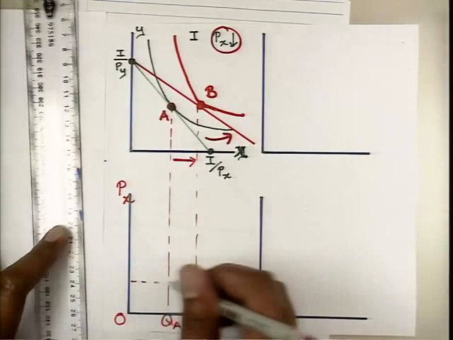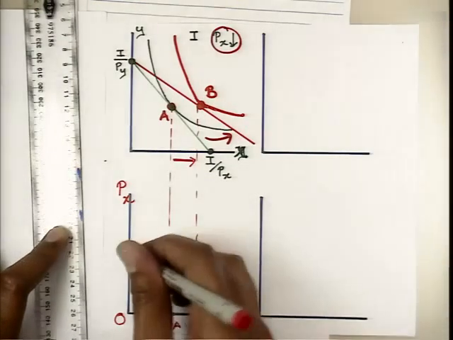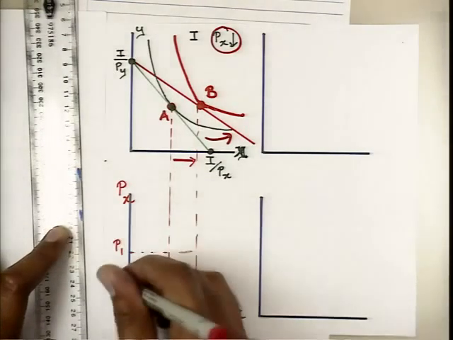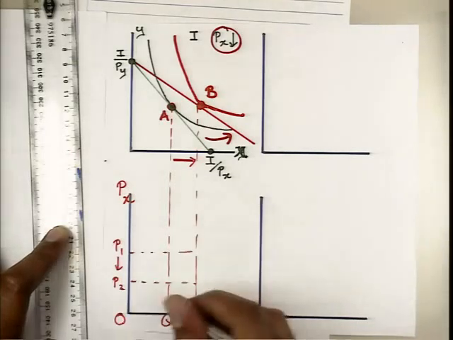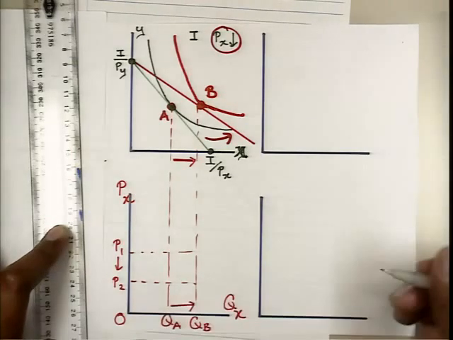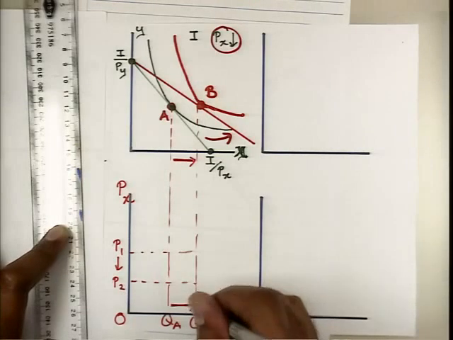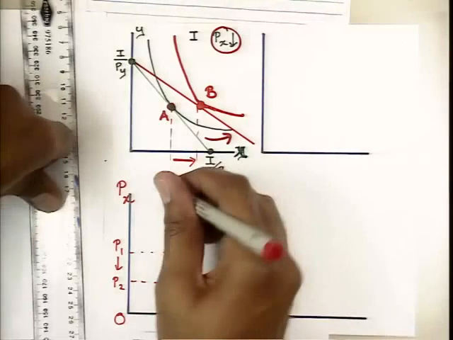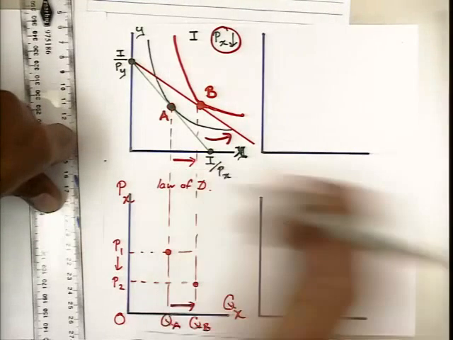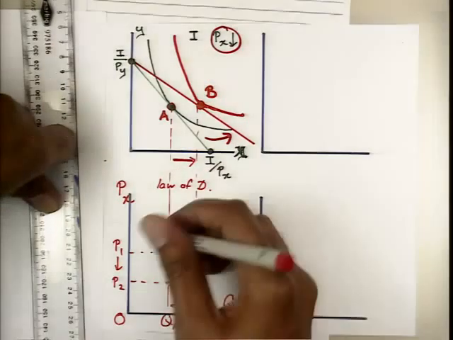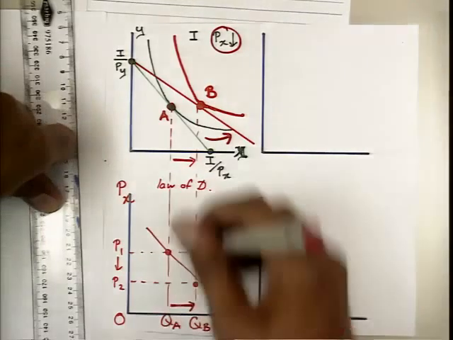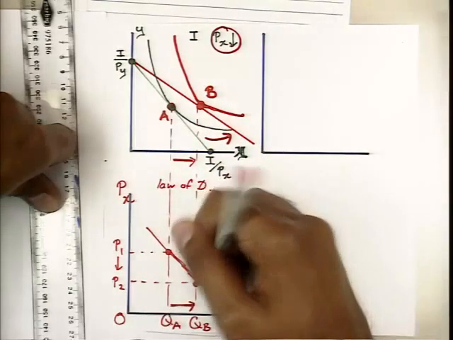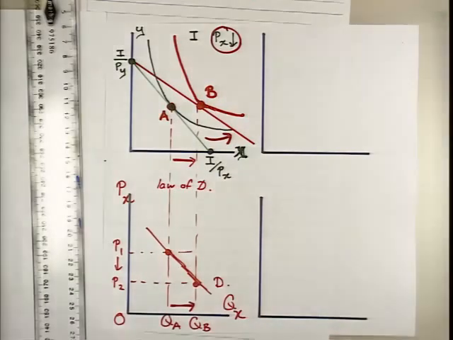The price of X has decreased, the quantity of X has increased. So what I've got is the law of demand. A fall in the price has increased my quantity demanded. Using this information, I can construct my demand curve for good X.